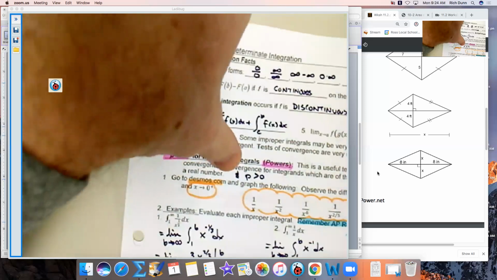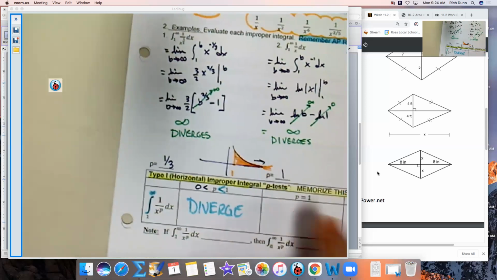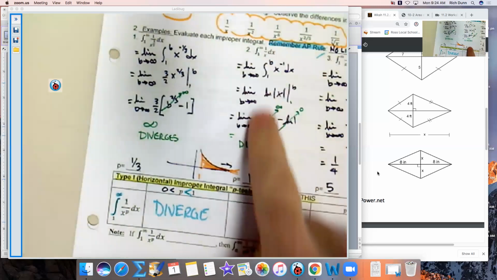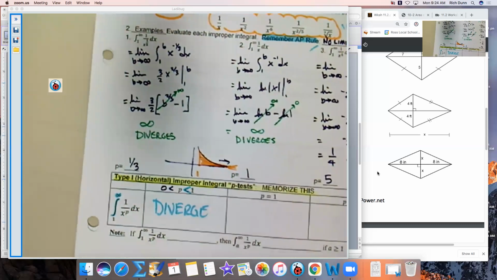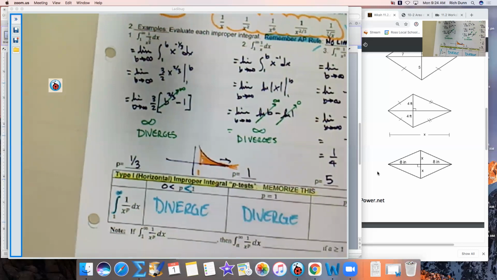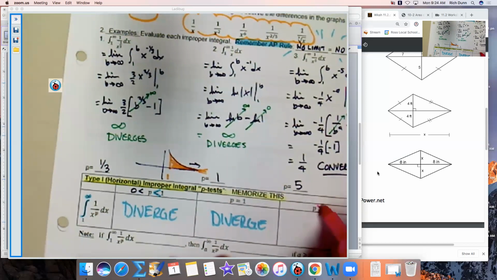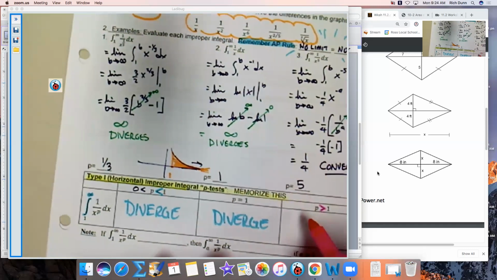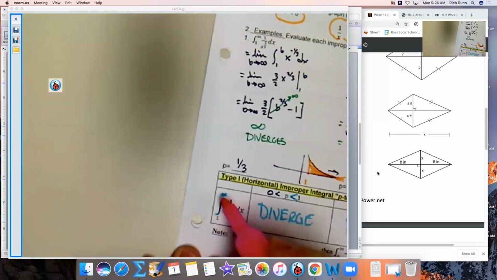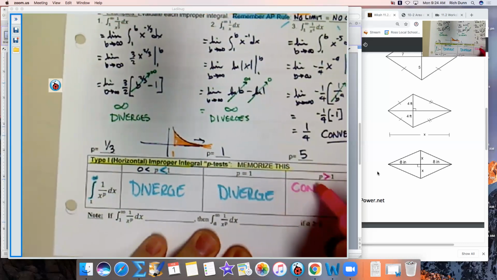We have to be greater than 0. Next, if p equals 1, that was this case right here, we will find out that in that case, we also will diverge. And then finally, if p is greater than 1, and again, we're integrating this from 1 to infinity, then in this case, it will always converge.